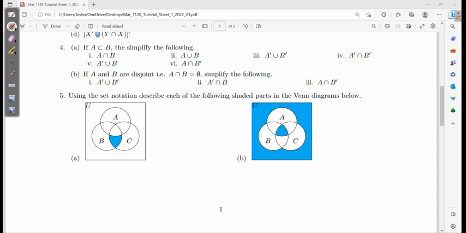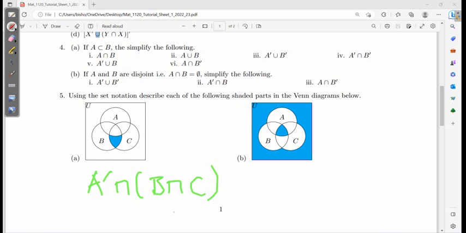I think it could be A complement intersection B intersection C. So that's what she has said: A complement intersection B intersection C. She's saying we are looking at the common elements in B and C, but also outside A.